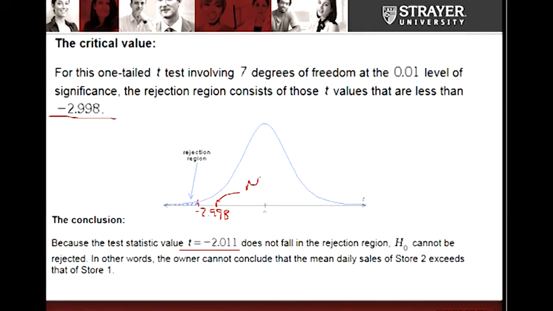So that is not in the rejection region. So we fail to reject, okay? So we cannot reject it. In other words, the owner cannot conclude that the mean sales of store 2 exceeds that of store 1.